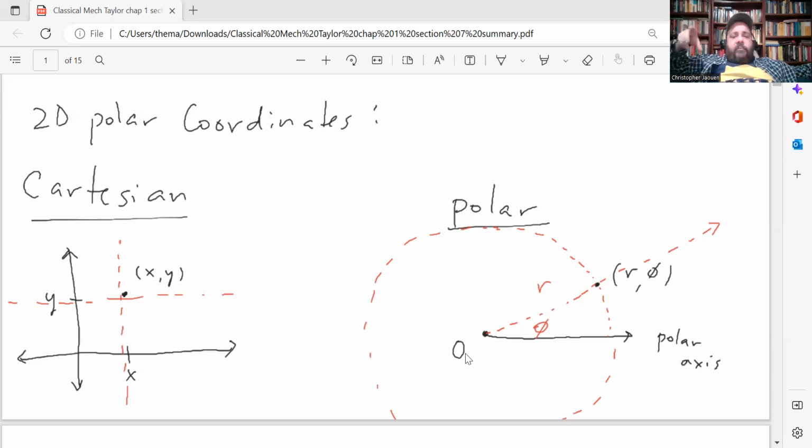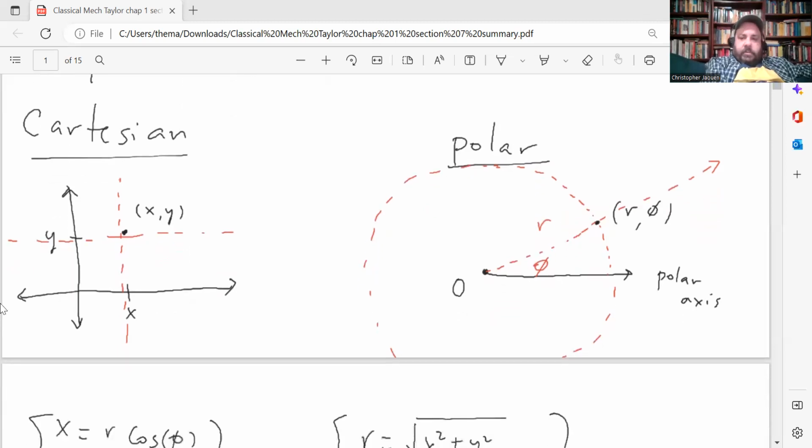They use phi for the polar angle and theta for the azimuthal angle. So just a note there, something to be careful about. I'll be following the physics convention, obviously, since this is a physics class. So this is the polar system here.